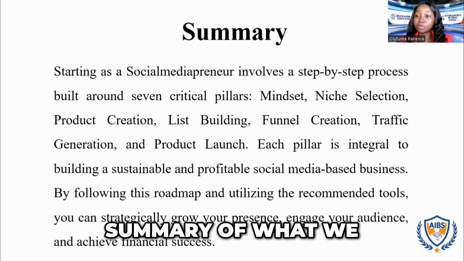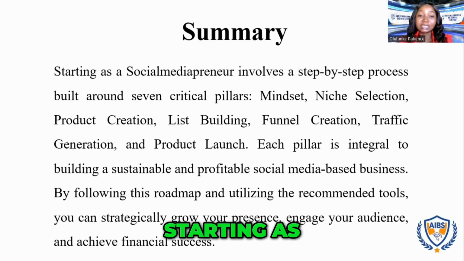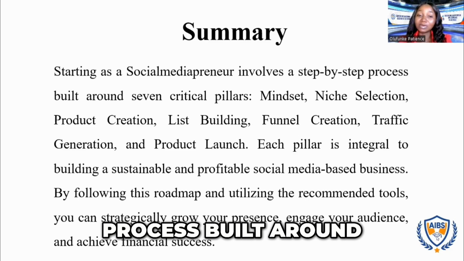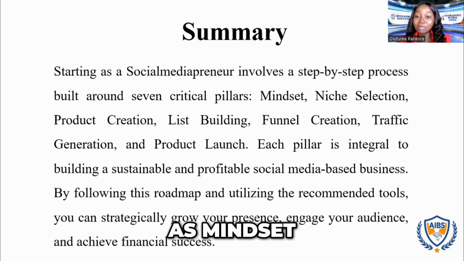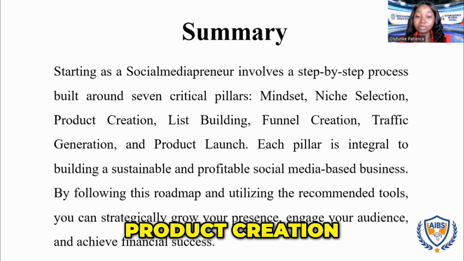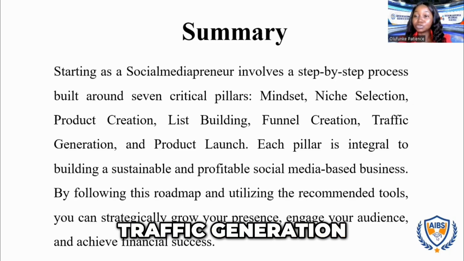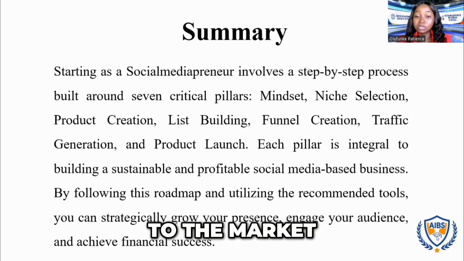Now, let's go into the summary of what we have talked about in this module. Starting as a social mediapreneur involves a step-by-step process built around 7 critical pillars, and we mentioned each of these pillars as mindset, niche selection, product creation, list building, funnel creation, traffic generation, and product launch, where you finally release your product to the market.